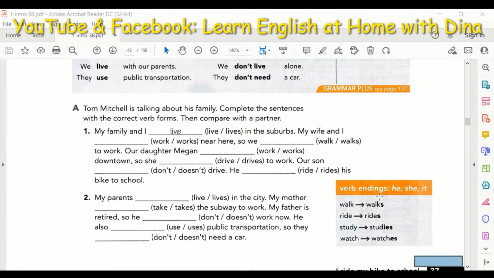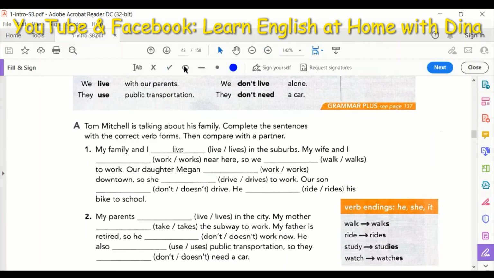Can you see the verb endings he, she, it? شايفة البوكس ده؟ اقرأي بس الأفعال. Walk, walks, ride, rides. Can you see the screen? This part. Let me show it to you. خليني أوريهولك تاني. Yes, this part. Walk, walks. Ride, rides. Study, studies. Watch, watches. Good.